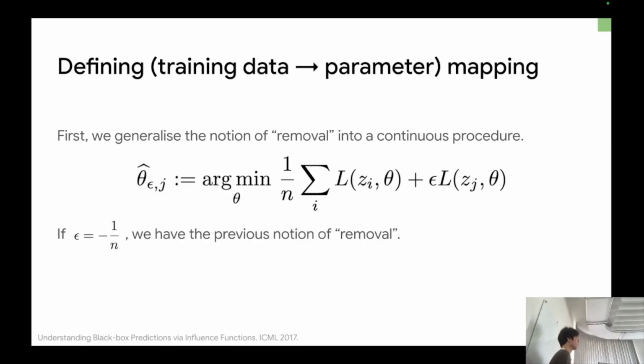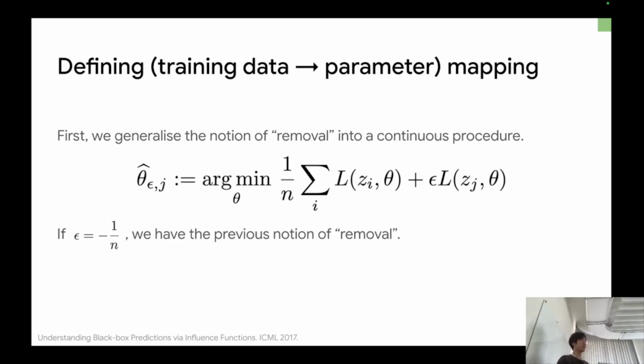To make this sensible at all, we need some kind of continuation of the mapping from the training set to the solution. The training set is actually a discrete quantity, right? It's a set. For every sample, you have a decision whether you include it in the training set or not.